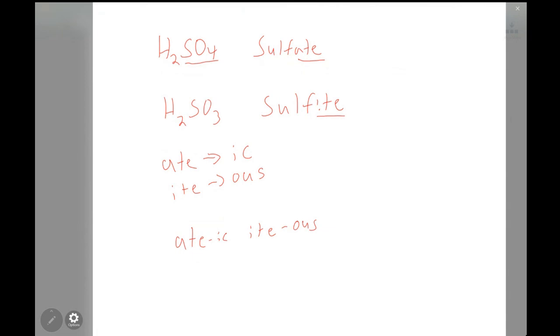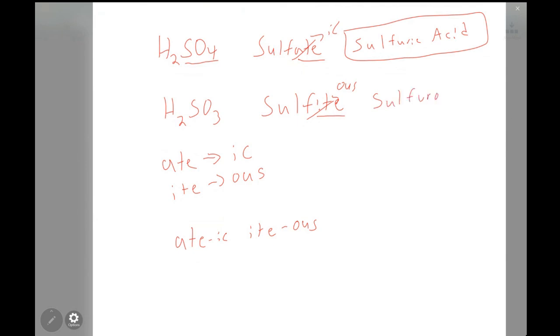What that means is sulfate becomes sulfuric acid. So this would be the name of the acid. If you have ite, so ate becomes ic, ite becomes ous. So this would be sulfurous acid. And then you write the word acid just to let you know it's an acid.